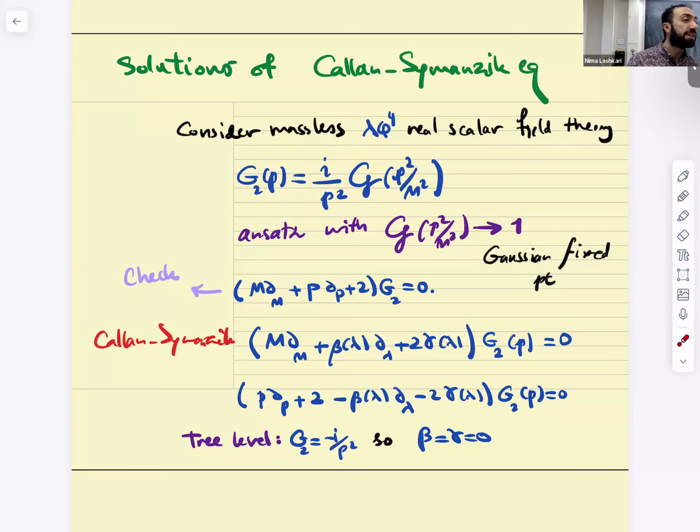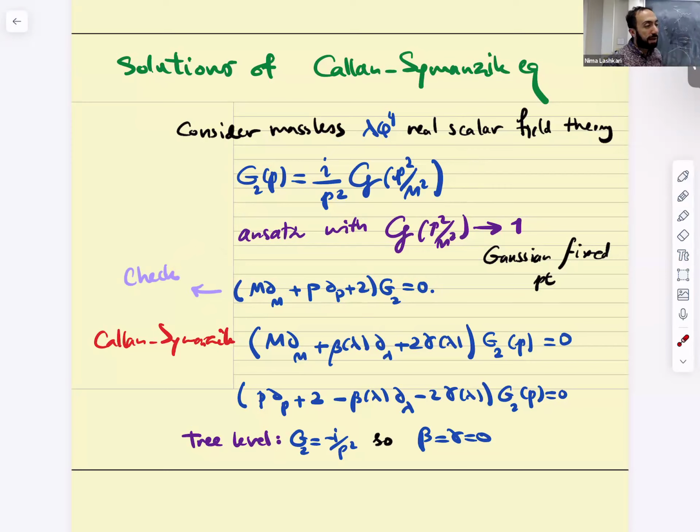This m is now the renormalization scale. This is an ansatz, and it tells you that as you go deep in the UV, in the Gaussian fixed point, this G should become 1. This ansatz has a consequence: if you take this G2 and act on it with this operator, it's going to give you 0. That's just a one-liner; you could check that explicitly.